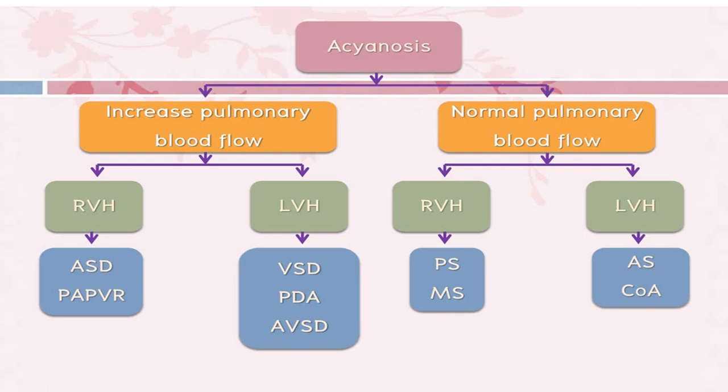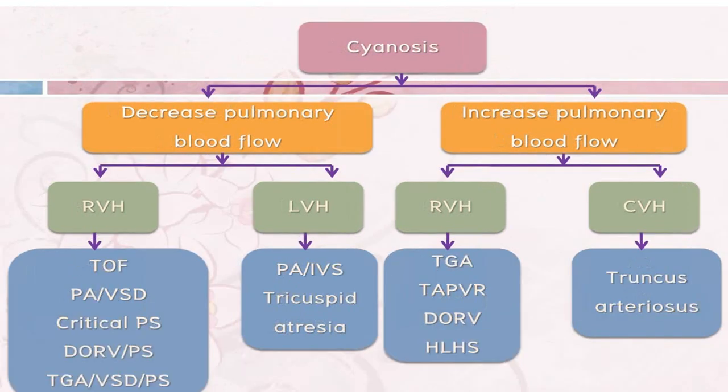So this will help you with the combination of LVH and RVH with increased blood flow and normal blood flow, or we can call decreased blood flow. That will be the way you can differentiate in an acyanotic heart disease group.